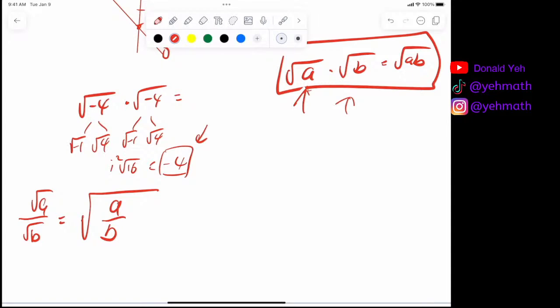Let's just say square root of -4 over square root of -1. And this is the part I'm confused about. That's i times square root of 4 and this is i, whatever, right? Just i. So the i's cancel out, that's equal to 2.